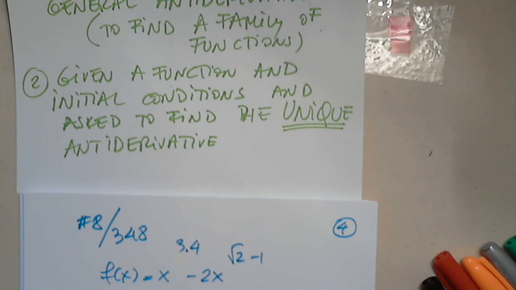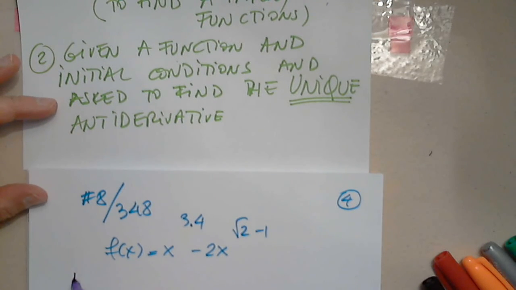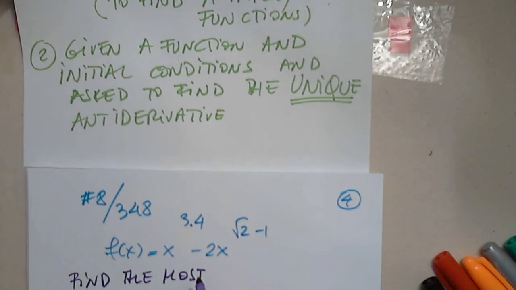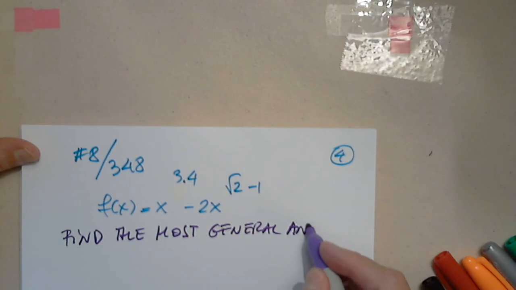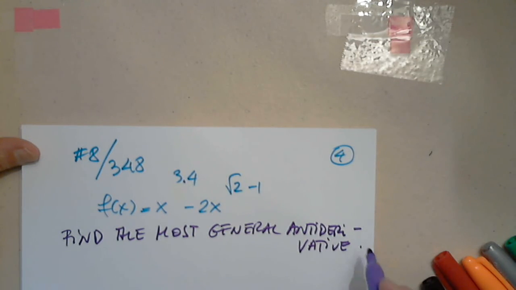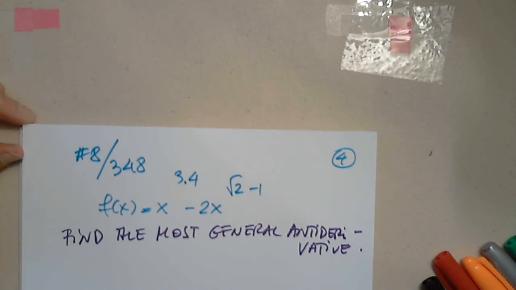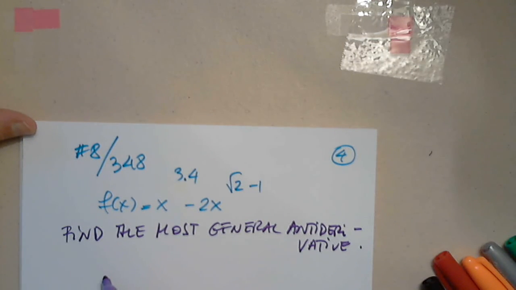The question is asking us to find the most general antiderivative. Okay, so we know that when we differentiate x to the 4th power, we bring down 4 and we subtract 1 from the power.